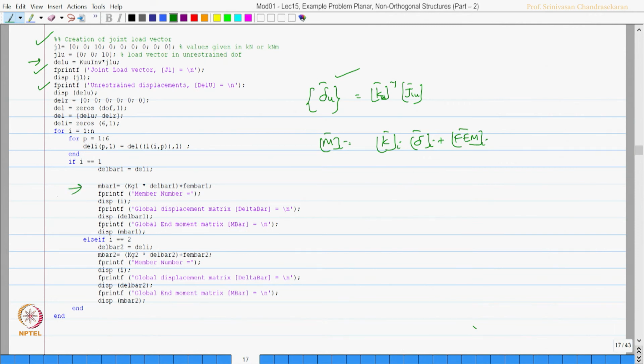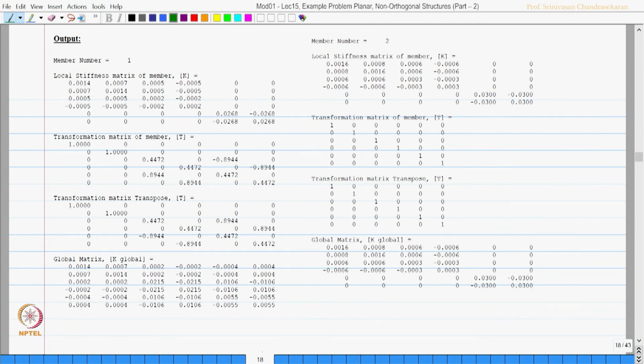This is the equation here. Look at the results. This is my member 1, this is the local stiffness matrix of member 1, this is the transformation matrix of member 1, this is its transpose, and this is K bar, the global stiffness matrix of member 1.